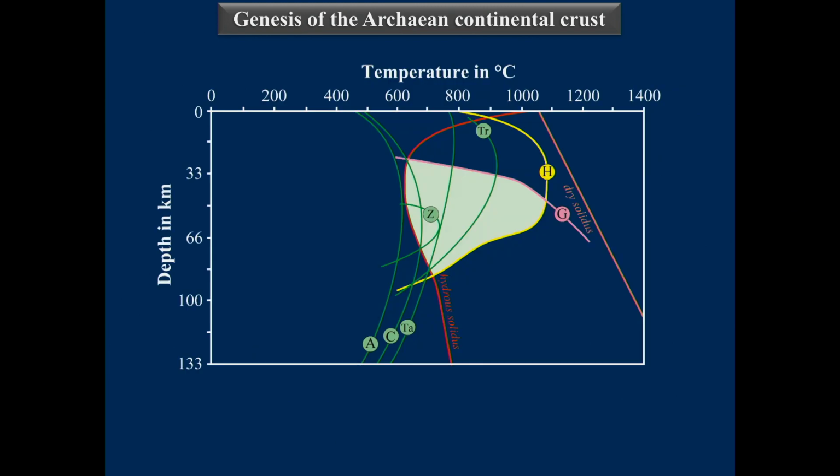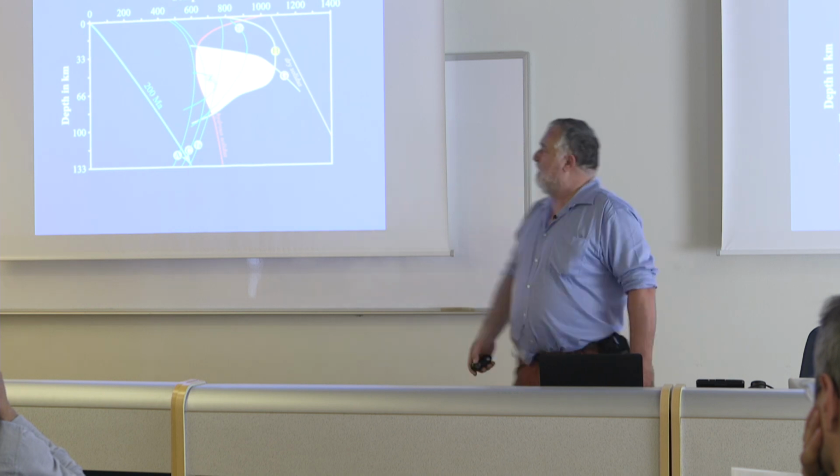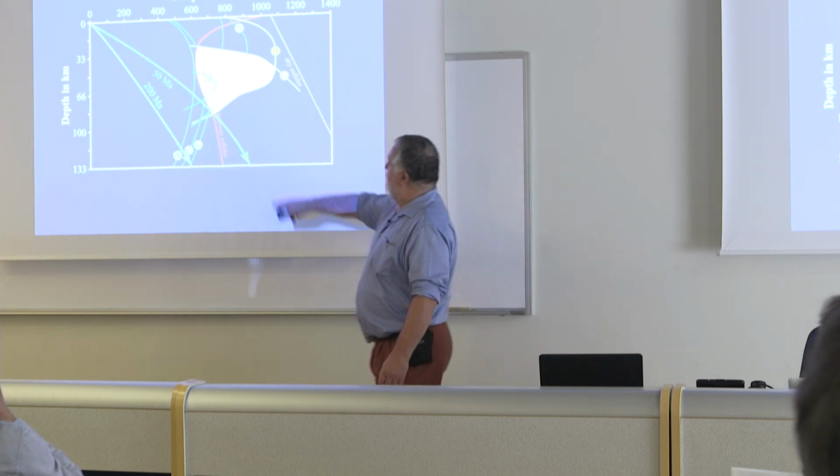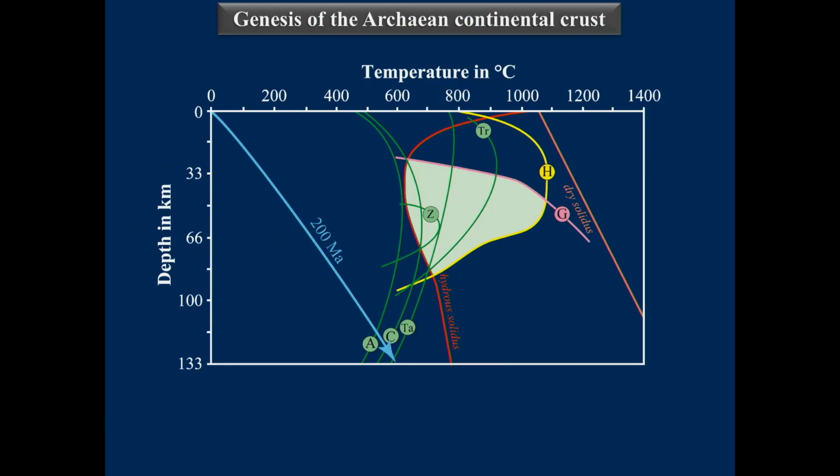So if we look at a very old crust, subducted, the geothermal gradient will be like this, because it remains 200 million years at the bottom of the ocean. If the subducted crust is younger, the geothermal gradient will be greater, and so on.